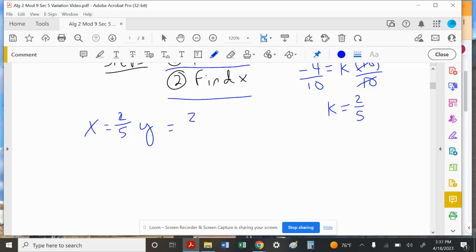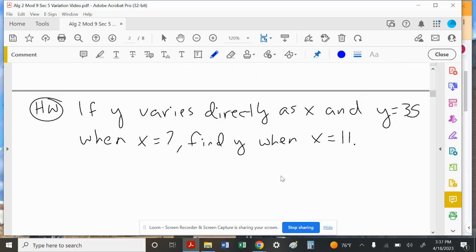So we're going to set y equal to 8 in this case, which gives 16/5. Okay, and that would be our answer. Now, if you want to write it out as a decimal, we could do that. That is 3.2. I would prefer to leave it as 16/5, but 3.2 works as well.